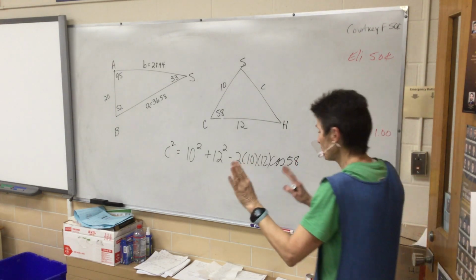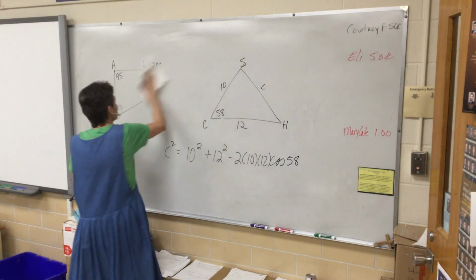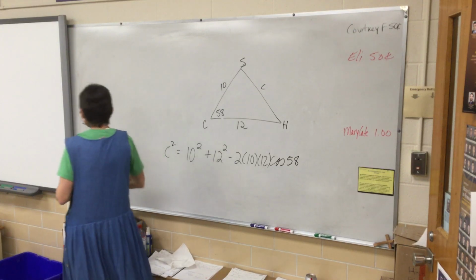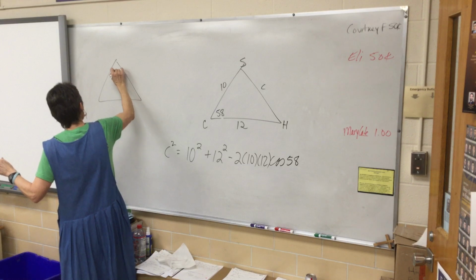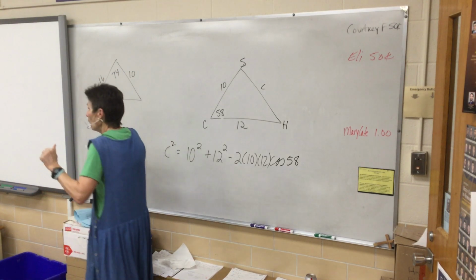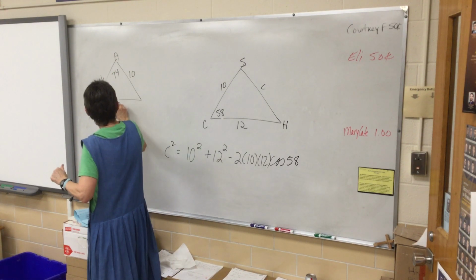So just for fun, let's step aside real quick and let me throw another triangle up here, and let's see if you can set it up. This is a totally separate triangle. Just chill out for 16 seconds here. What would this look like if I wanted to find side A?